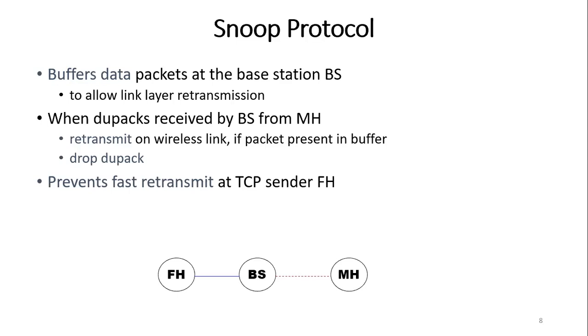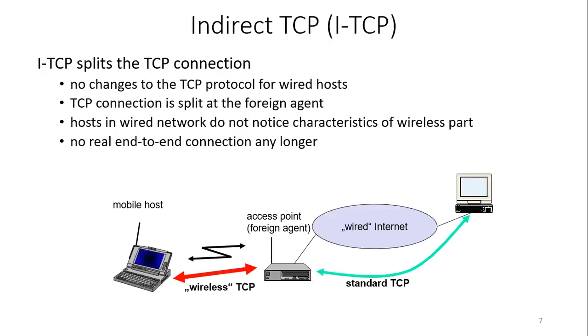Whichever packets you cannot forward now, you buffer them at the base station, and once the wireless link recovers from the temporary issues, you just retransmit. So this is better. You can handle the problem more efficiently and faster. But if you don't buffer, then it is ITCP.